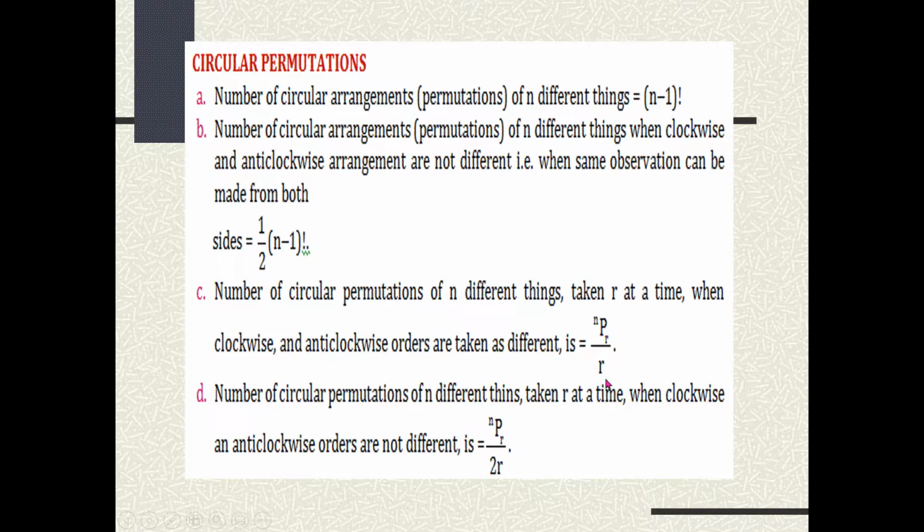And if clockwise and anti-clockwise are not different, then we further deflate it by 2, just like we did in part B. So this will be nPr over 2r. So this is how you can calculate the different number of ways in which different random experiments could be performed.